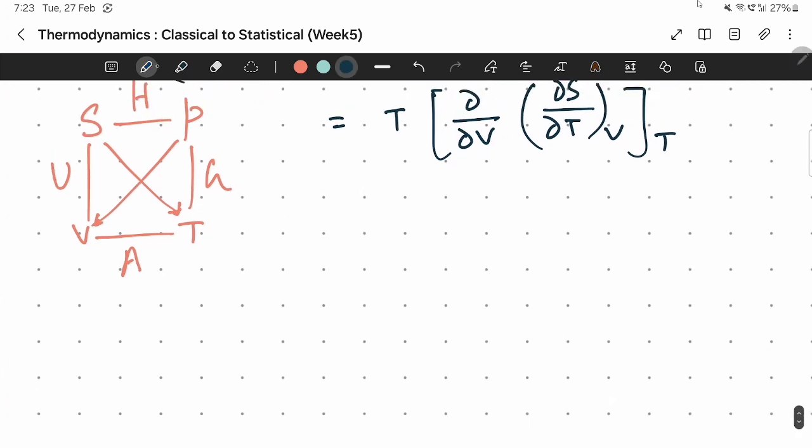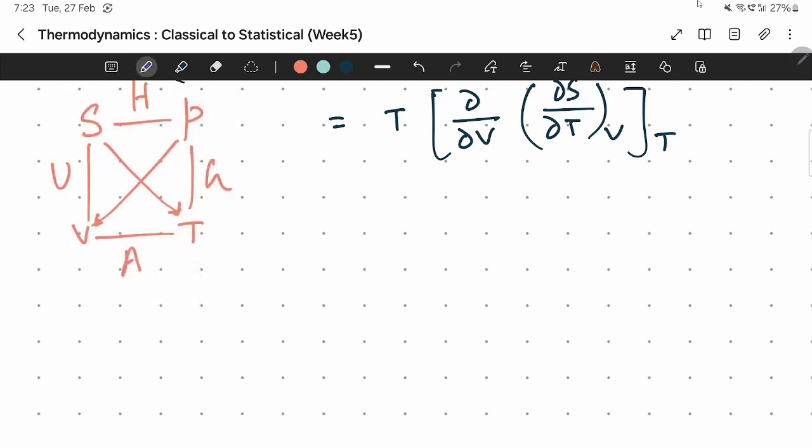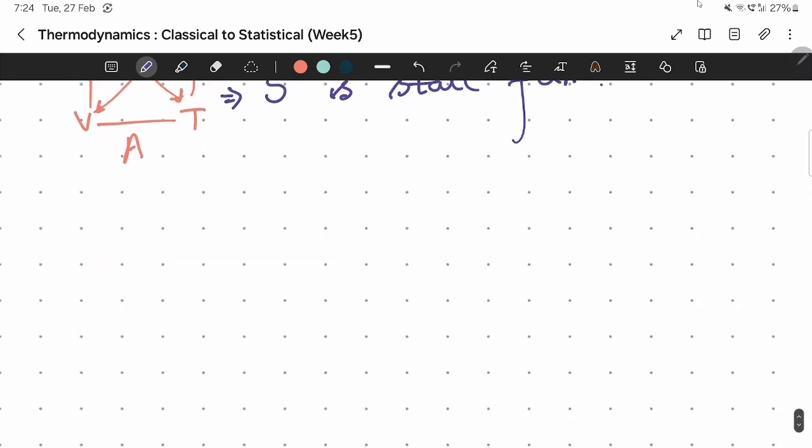We know again that entropy S is a state function, right? So if it is a state function, it means S is an exact differential.